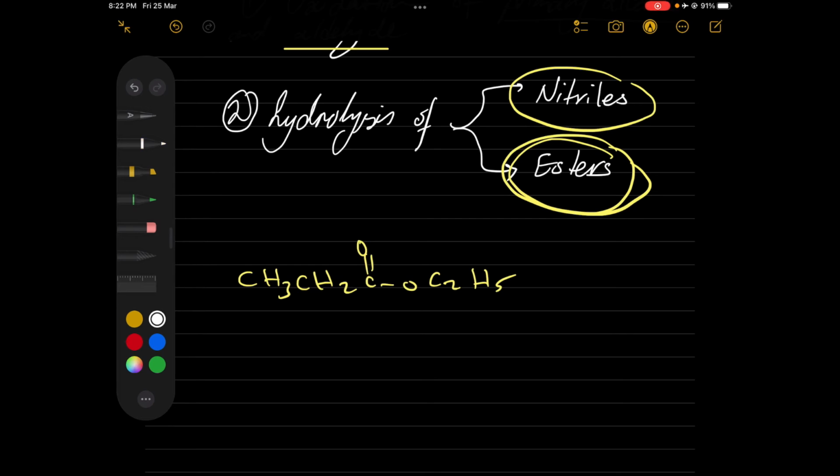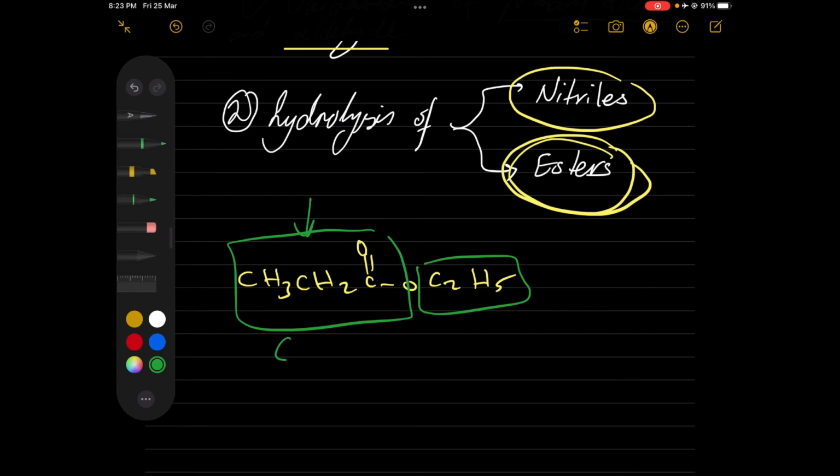So in this case, we have ester, and we just want to recall the esters. Esters are a combination of alcohols and carboxylic acids. So the first part in here of ester, it comes from carboxylic acid, okay? And the second part that comes after oxygen in here, it comes from alcohol.